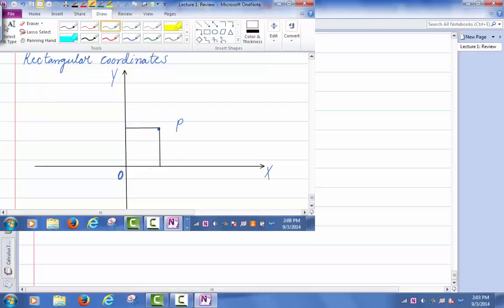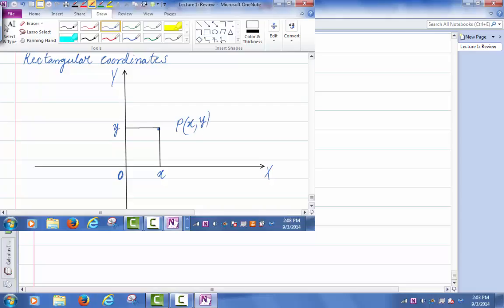Let's say x is the distance from the y-axis, lowercase x, and lowercase y is the distance from the point P to the x-axis. And so the coordinates of P are given by x and y.